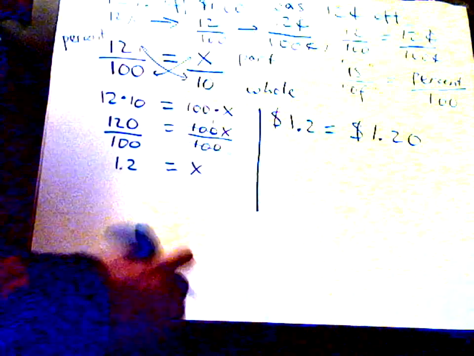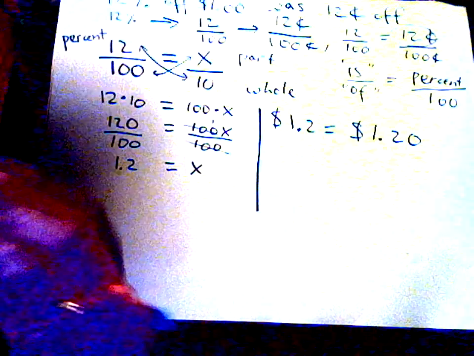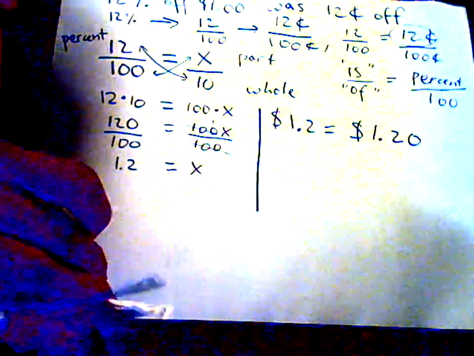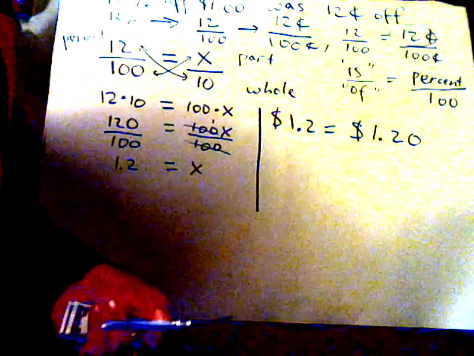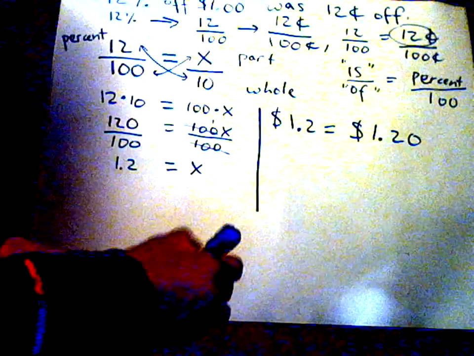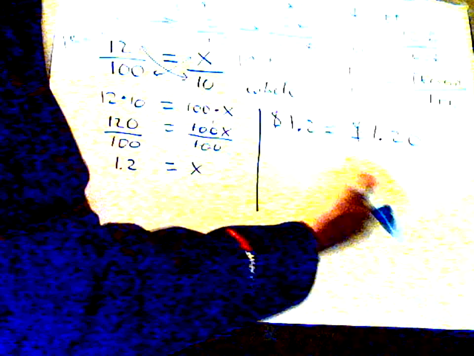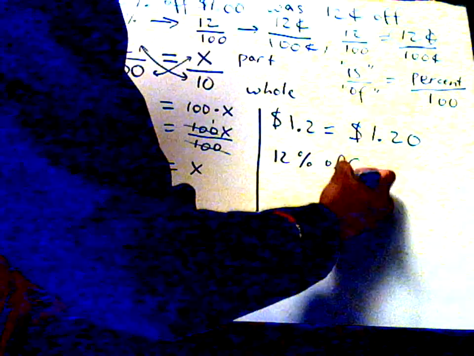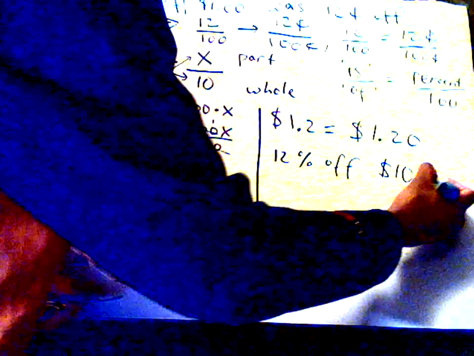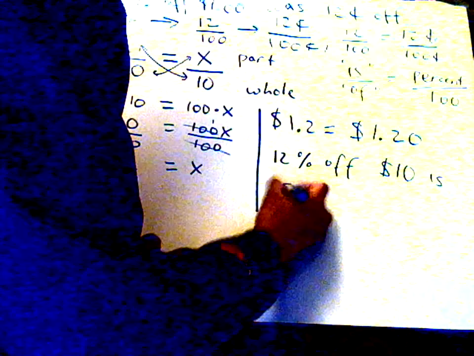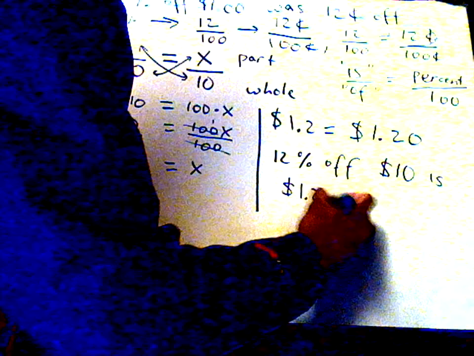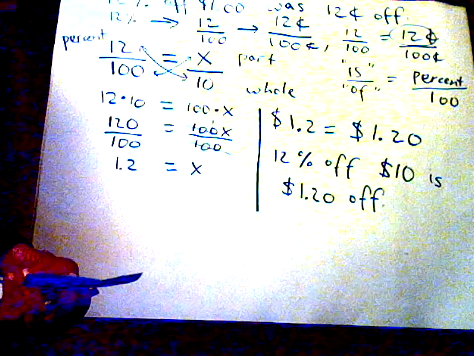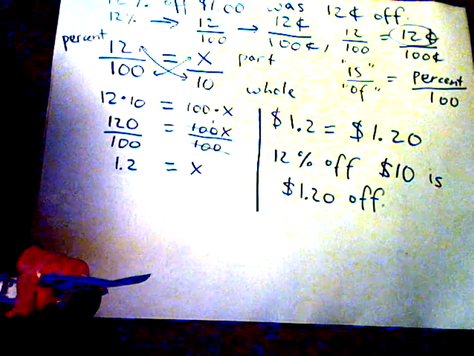So $1.20 would be the same as 12%, where the original cost is $10. If I'm talking about the cost of something, 12% off $10 is $1.20 off. That's my discount, $1.20 off, and we found that using a proportion.